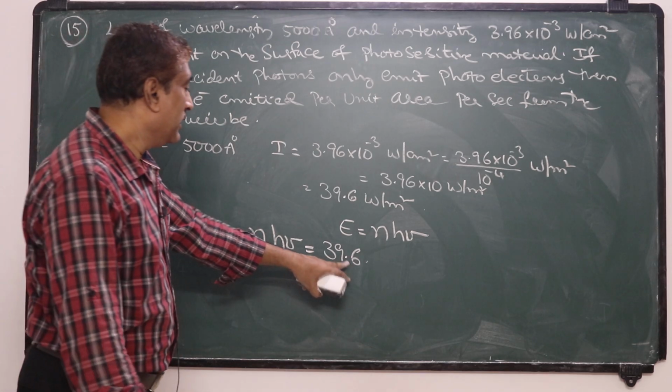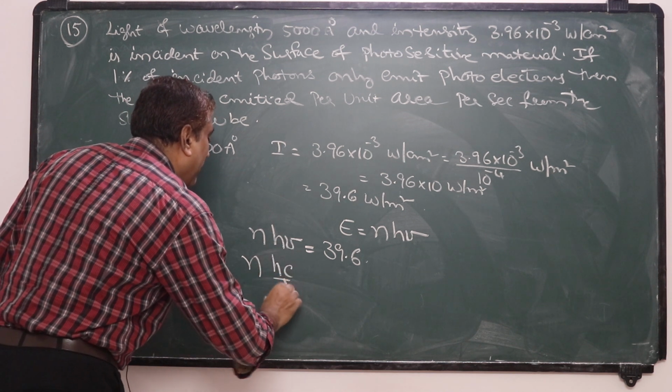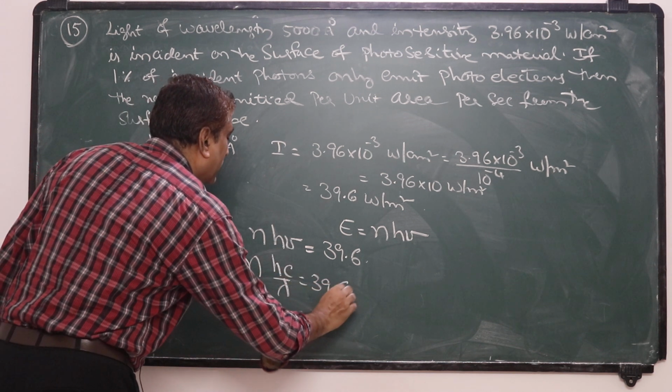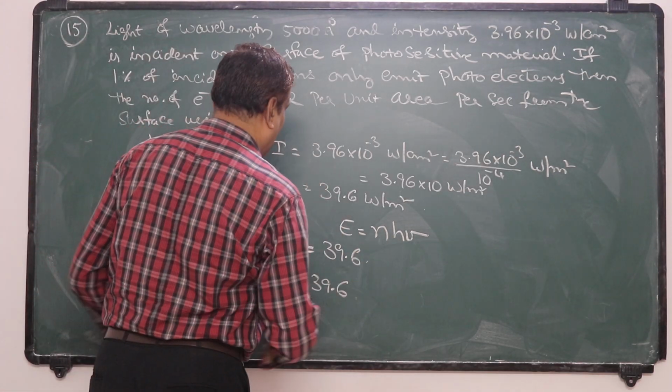Okay, but n h nu is n h c by lambda, which is equal to 39.6. Now we can write like this.